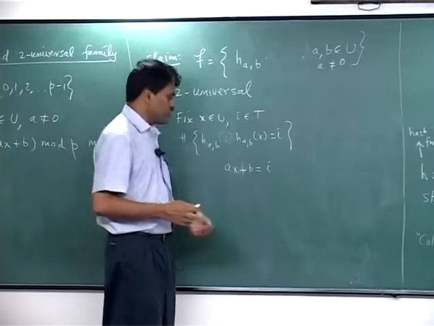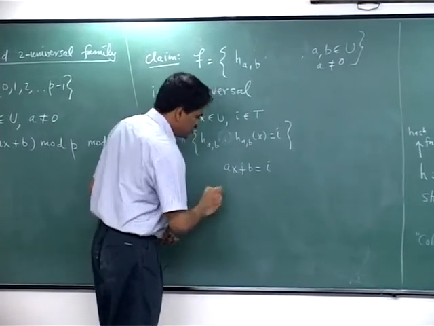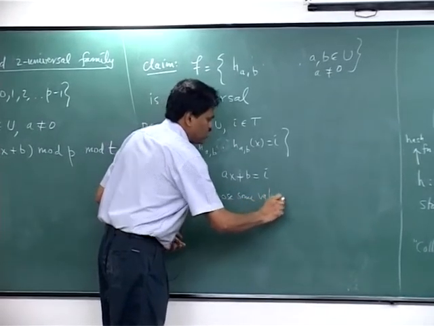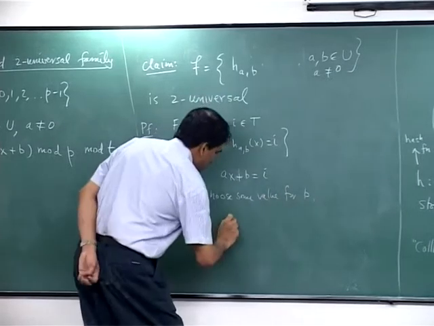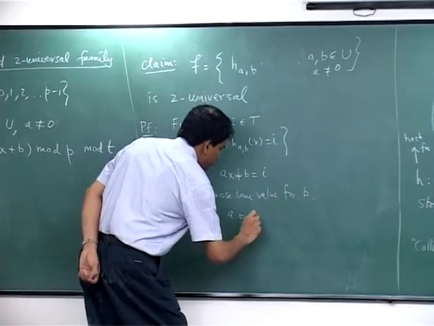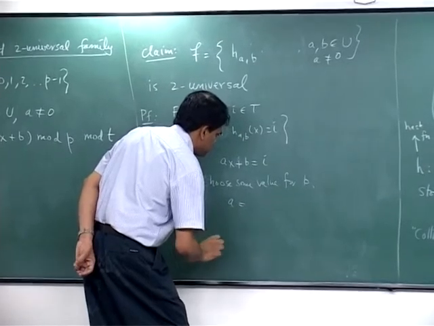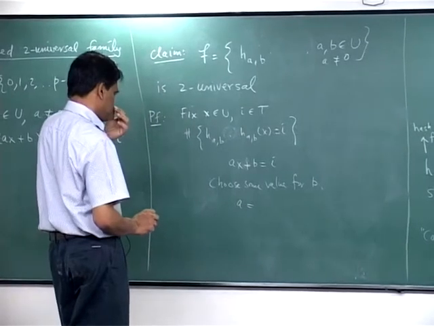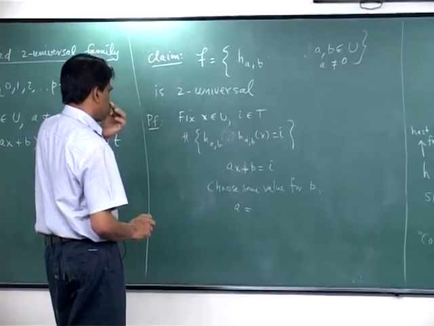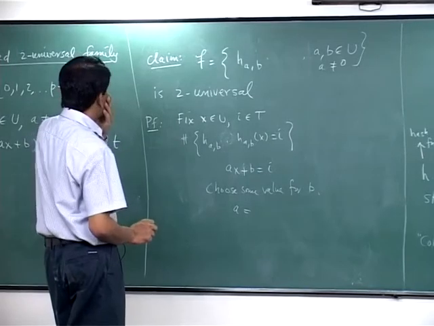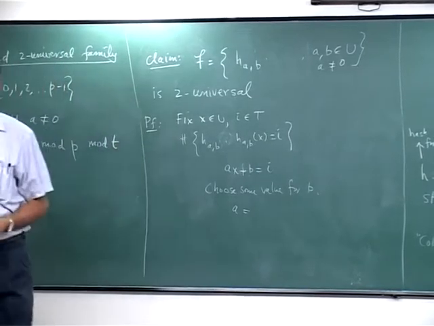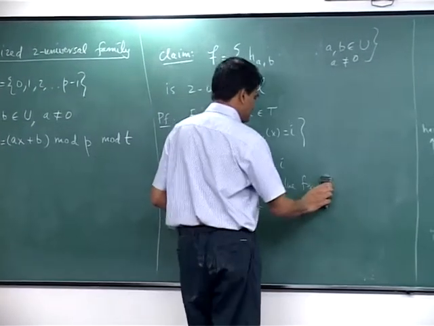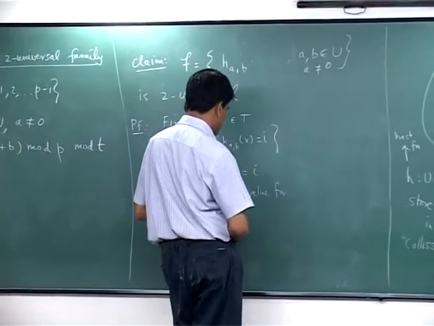Now suppose I fix b, choose some value for b. Then what is a? Choose a value for a. Is that better? Okay. Maybe I need to distinguish between b equal to 0 and b not equal to 0.